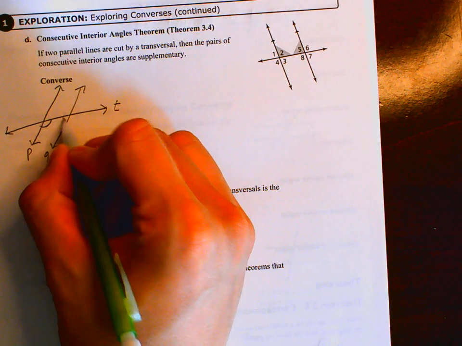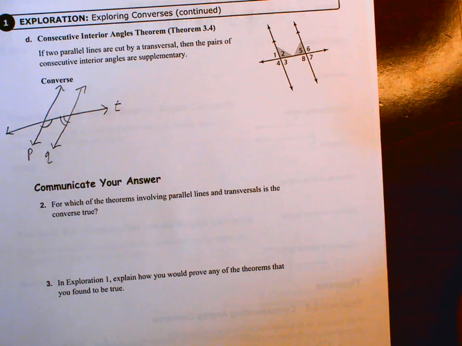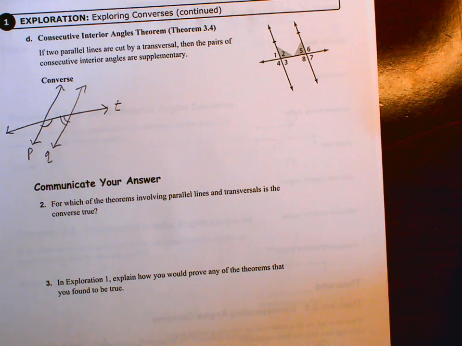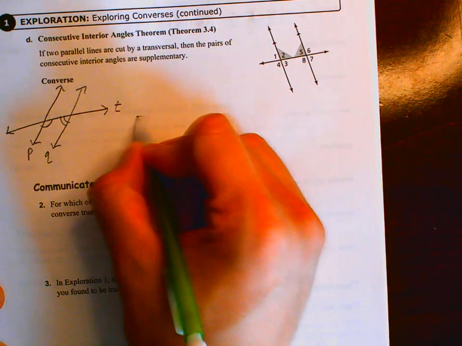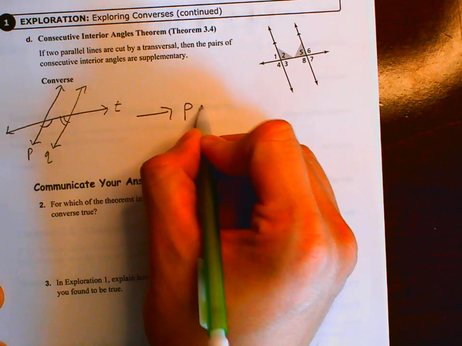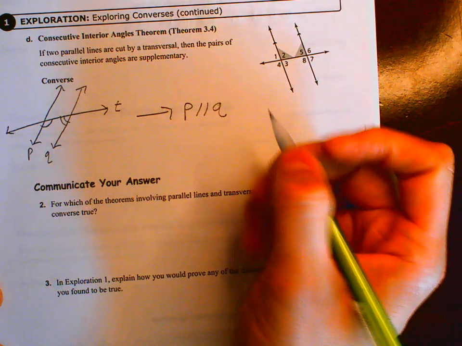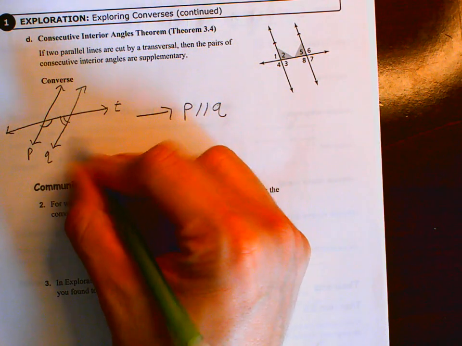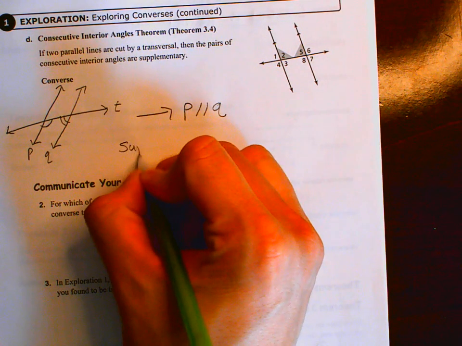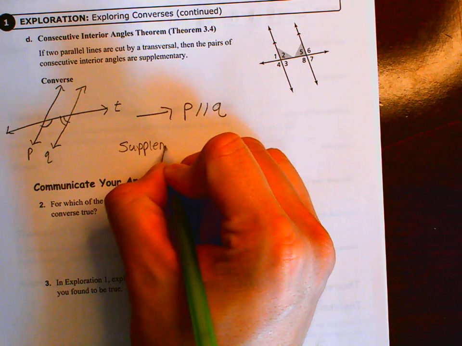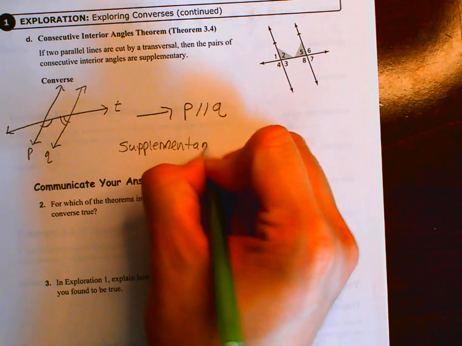If these two angles right here are indeed supplementary, then that will imply that these two lines are going to be parallel. So in this case, these two angles must be supplementary.